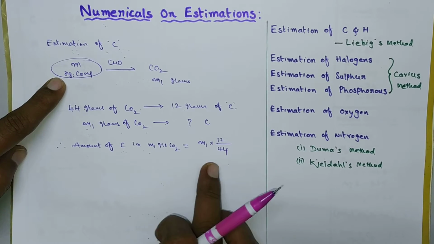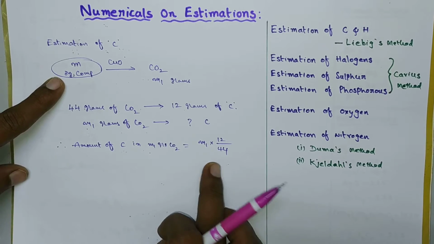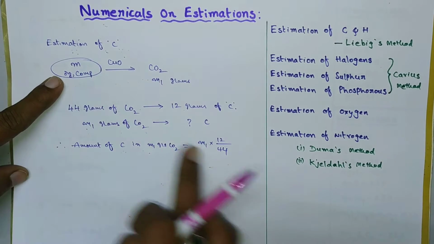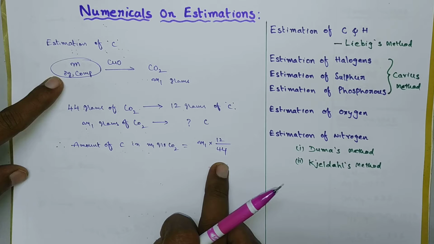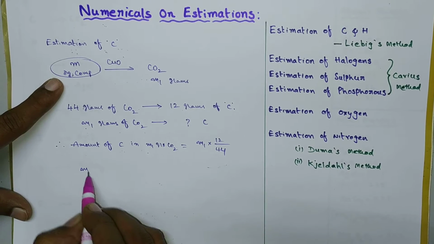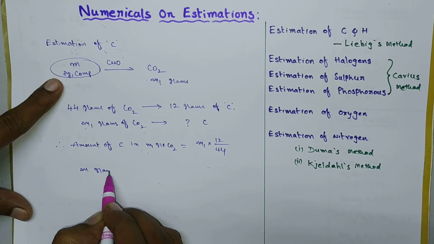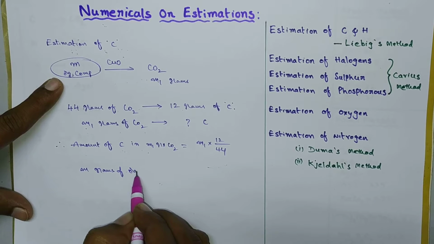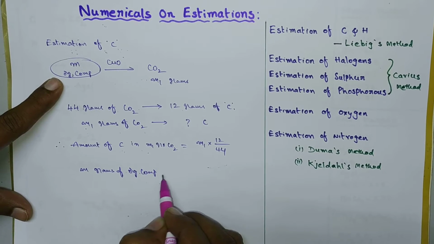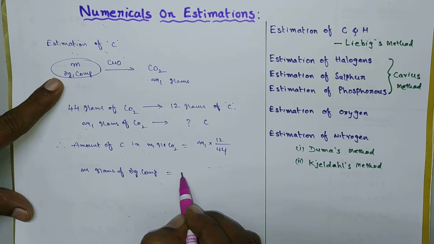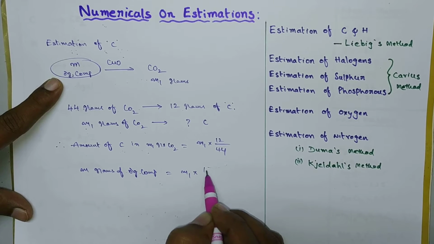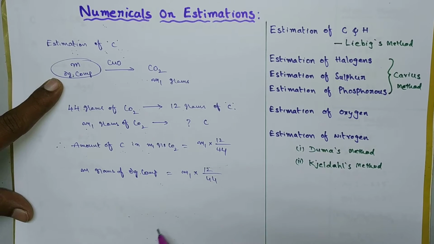Now we have to calculate the percentage of carbon, that is, 100 grams of organic compound consists of how much carbon? Here m grams of organic compound consists of m1 into 12 by 44 of carbon.